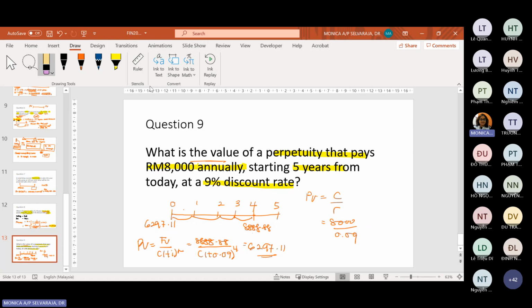This one is supposed to be 8,000 divided by 0.09, which is 88,000.